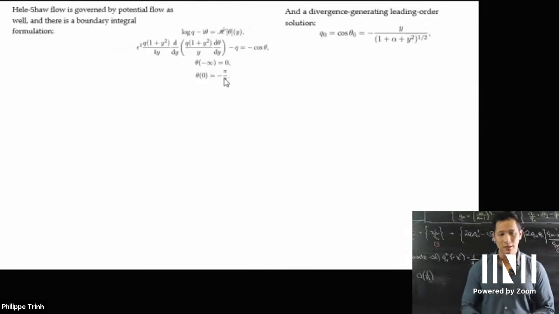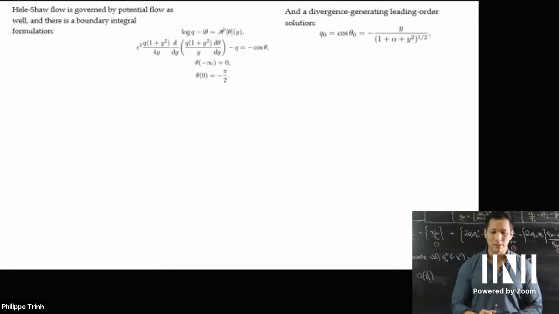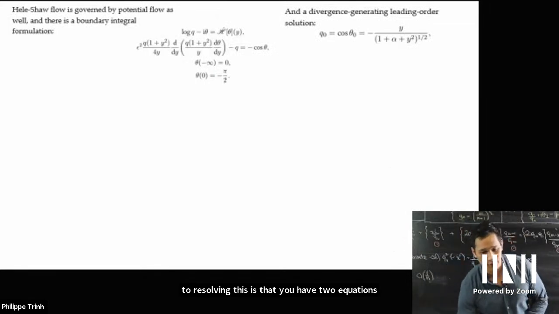The basic idea to resolving this is that you have two equations now, your usual boundary equation for Q and for theta, and your Bernoulli equation. The independent variable here is y, where y goes from minus infinity to infinity to correspond to the interface. And you have certain symmetry conditions at the origin, and then a condition that theta flattens out at infinity.